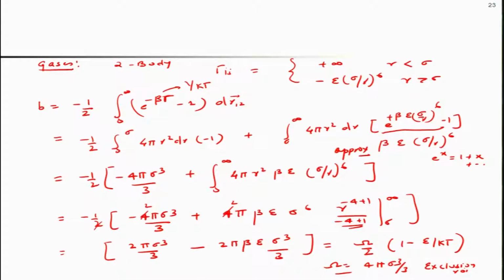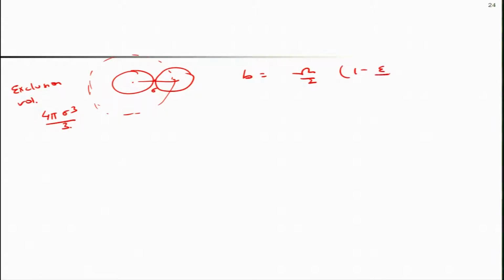So, you got an expression of B. Remember that exclusion volume is the spherical volume you are excluding, with this being your sigma. So, considering sigma, it is going to be 4 pi sigma cube by 3. So, B is now omega by 2 times 1 minus epsilon by kT.